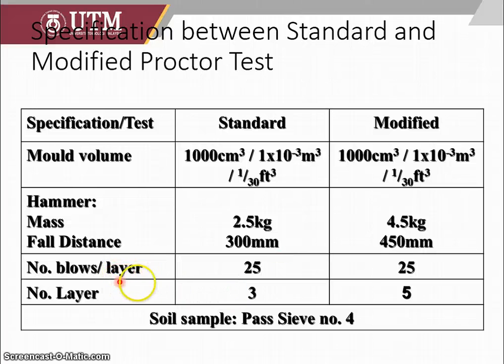Okay, for every layer, I hope you still remember there will be about 25 blows, with the number of layers of soil being 3 layers. And the soil sample prepared to carry out the compaction must pass sieve number 4, meaning bigger than clay, passing sieve number 4 or smaller than sand.